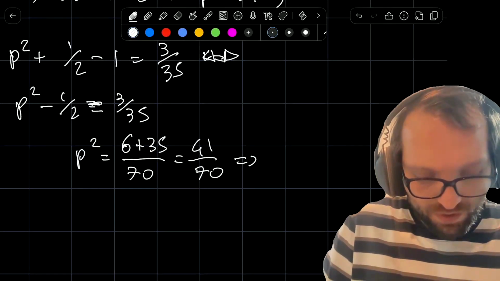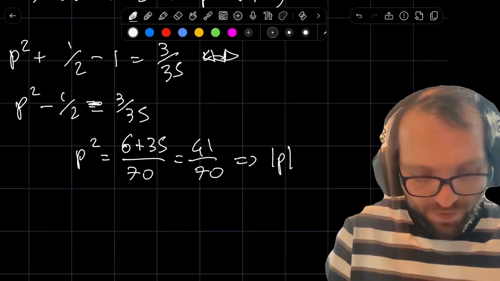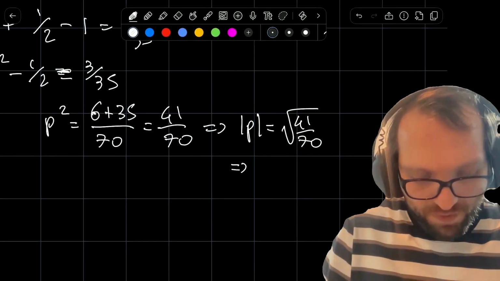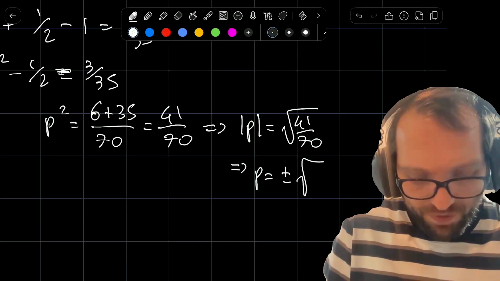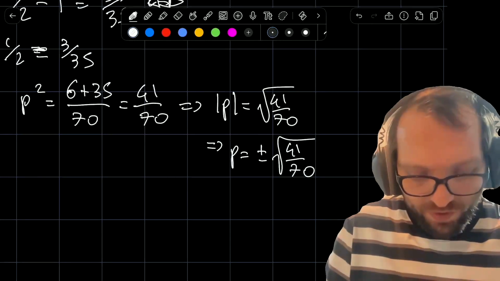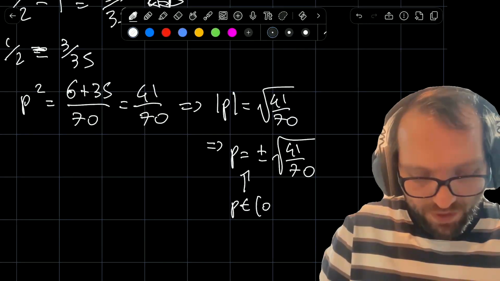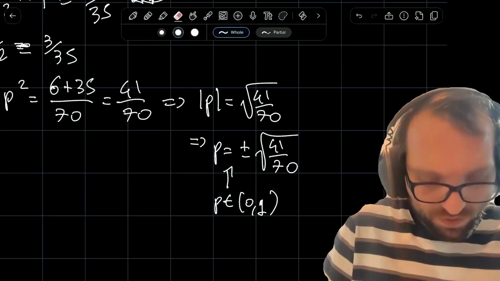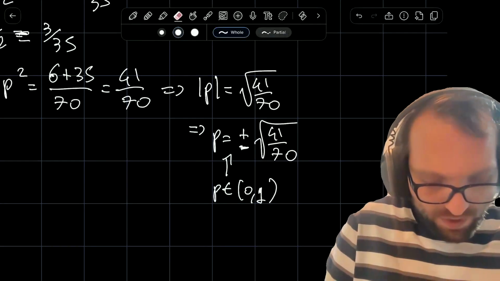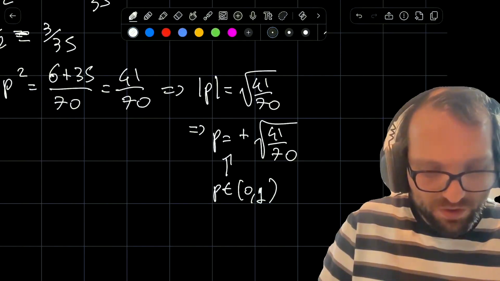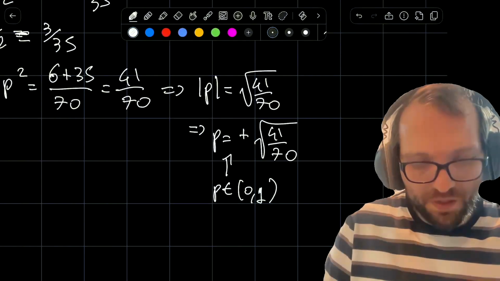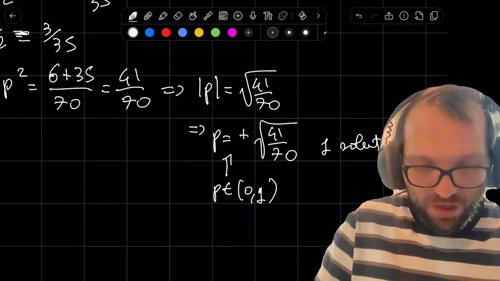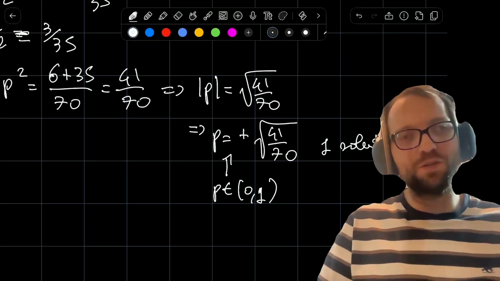So the absolute value of p is equal to the square root, which means that p is equal plus or minus. But we know that p is between 0 and 1, so we can only accept the positive root, and this quantity is definitely below 1. And this is the one solution. So 2 plus 1, we got the 3 solutions.